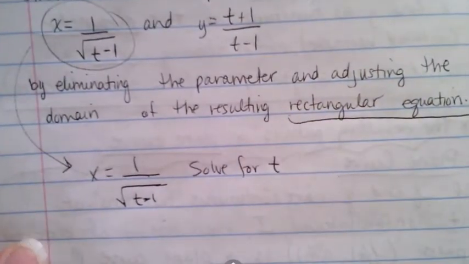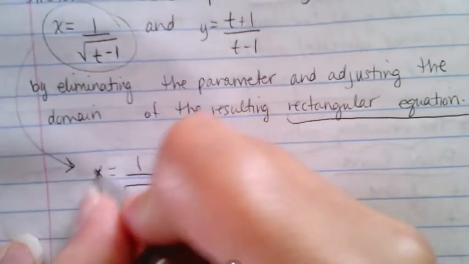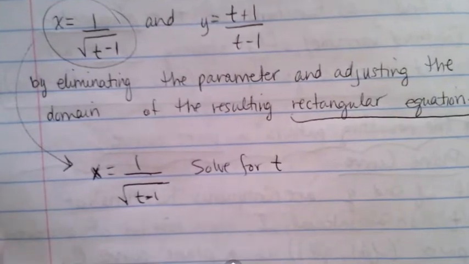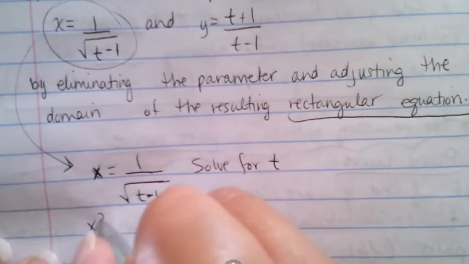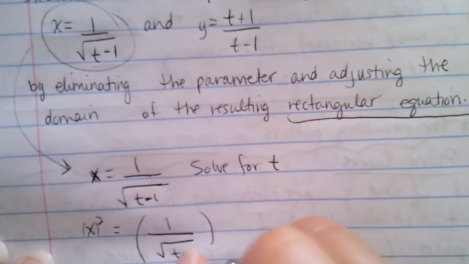How am I going to do that? Well, I see that I do have a square root, so my first instinct is to square something. So I'm going to do that. I'm going to do x squared is equal to all of this squared.